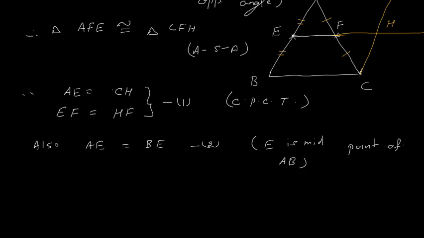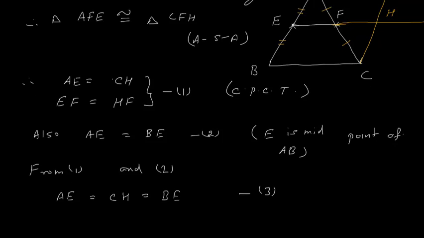Now, if you see equations 1 and 2, we can say that AE, which is equal to CH, is also equal to BE. Let us take this as equation 3.